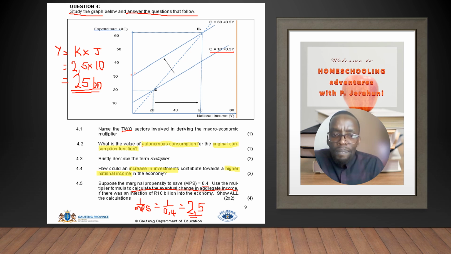Now I think we have answered that, and I hope you have managed to get all the answers correct there. And the marks, how they are distributed on this one, it means here you get 2 marks, and then for calculating the eventual change you get your other 2 marks. So I would love to believe that you got everything right, because this one was a fairly interesting and easy question.